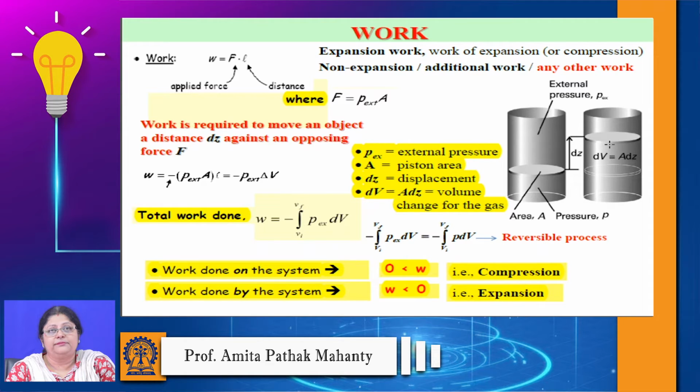So how will you find out the work done? Work done, as we have said, is equal to force into distance. Now what is causing the lid to move up and down? It is the external pressure which is exerted on the lid. The pressure is given by force per unit area.